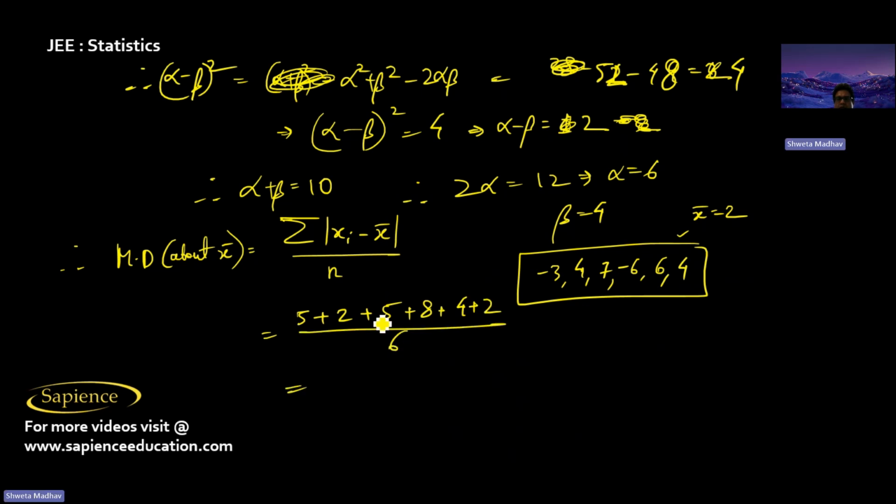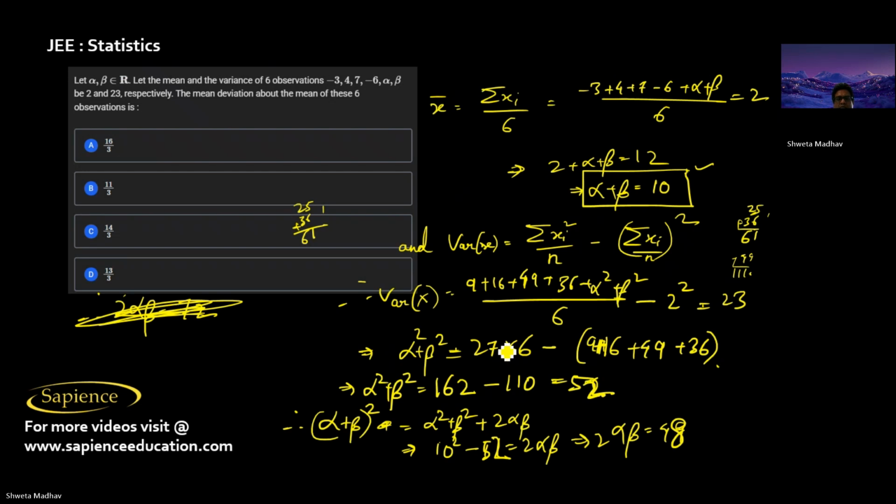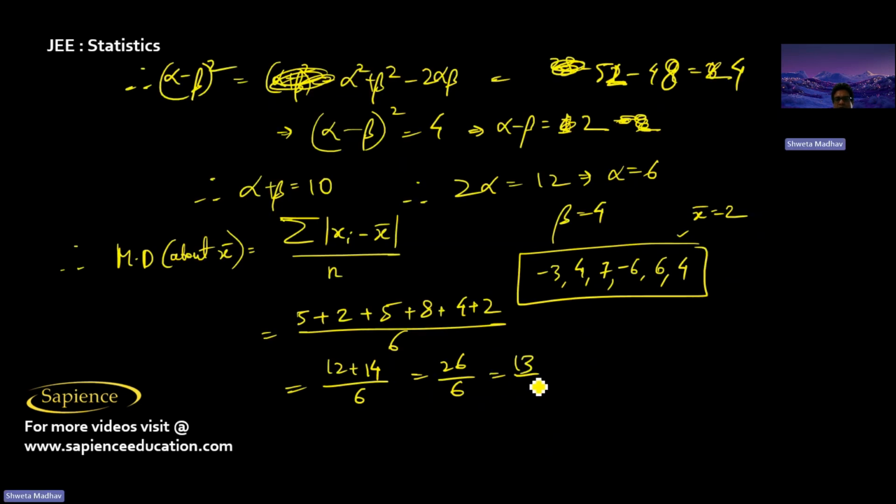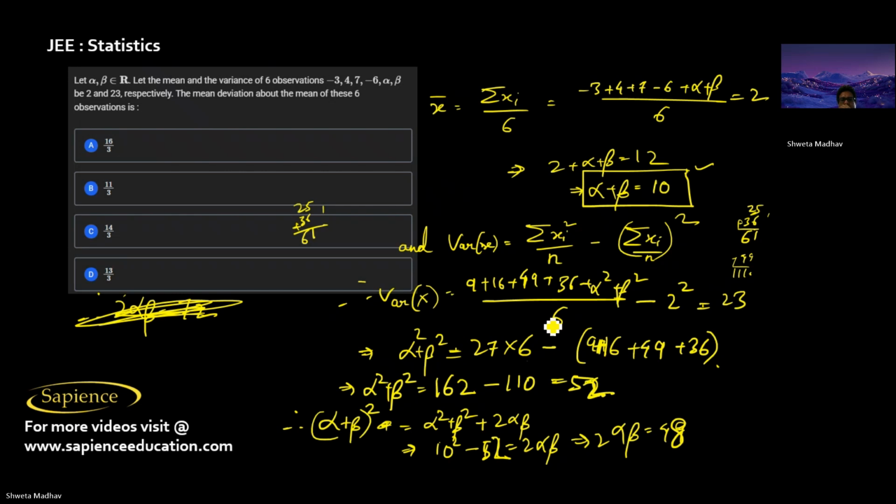So this will be 10 plus 2 that is 12, plus 8 plus 6 that is 14, divided by 6. So this is 26 by 6. This will be equal to 13 by 3. Option D is the correct answer.